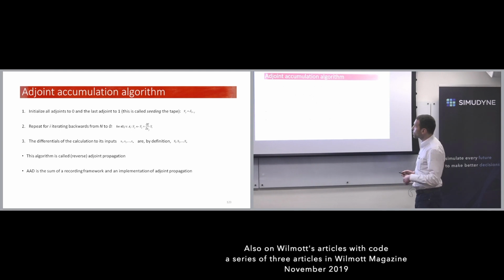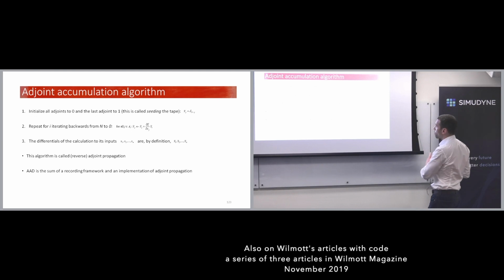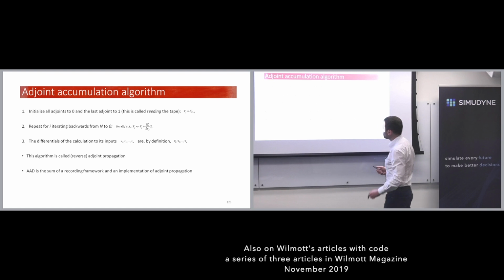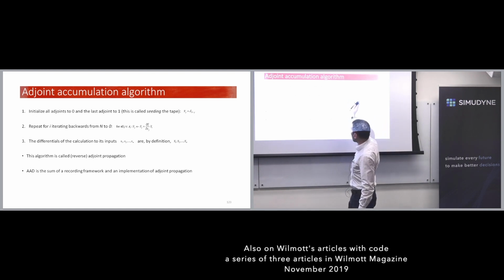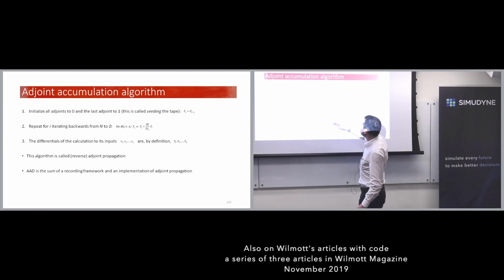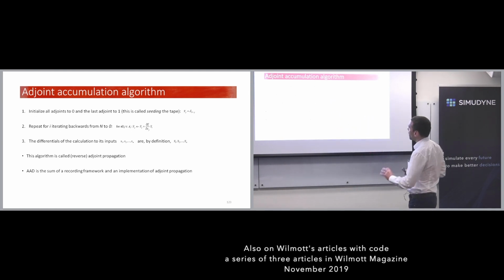So the algorithm is: first I initialize all adjoints to 0, except the last one, the adjoint of the last result, which I initialize to 1. This is how I seed the tape. Then I repeat, iterating backwards from node n to node 0, accumulating the adjoint of the ancestor nodes from the successor nodes, as explained in the previous slides.